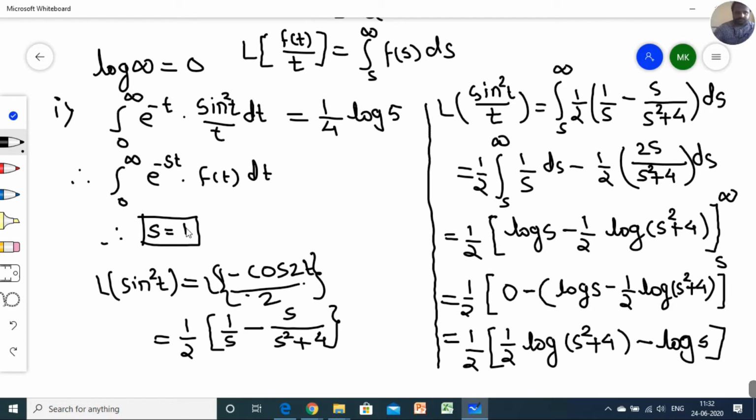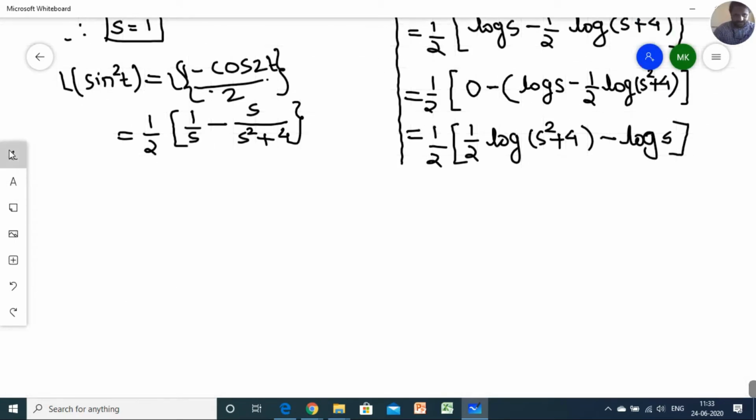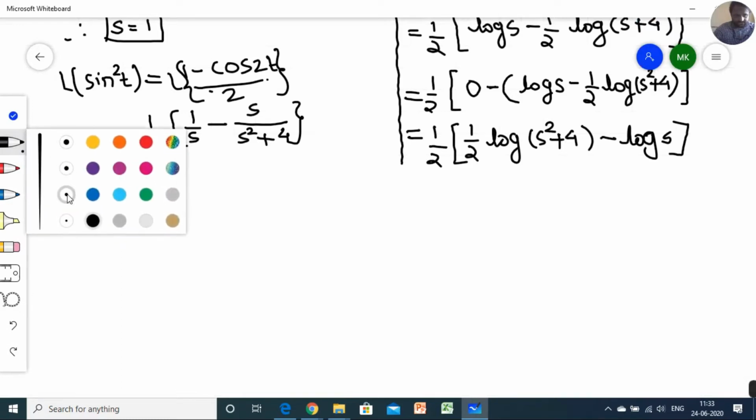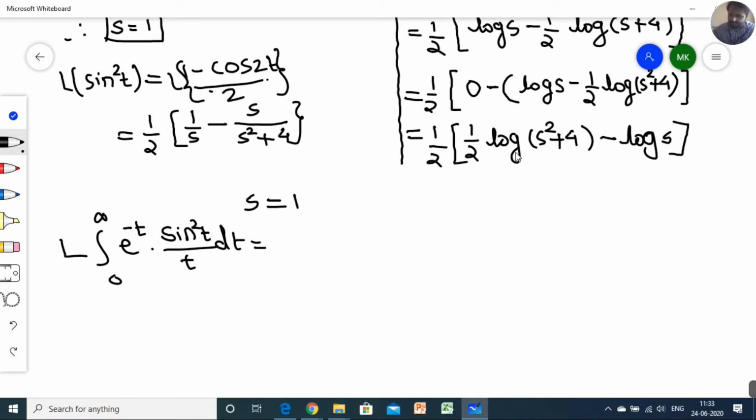Therefore we have to apply the value of s here. While applying the value of s, that is s equal to 1 here. So I am writing here Laplace of integral 0 to infinity e raised to minus t sine square of t by t into dt, which is equal to, I am just substituting s equal to 1 in this equation.